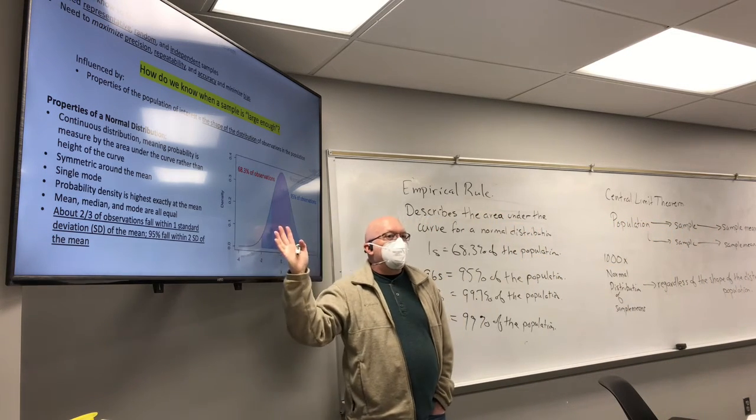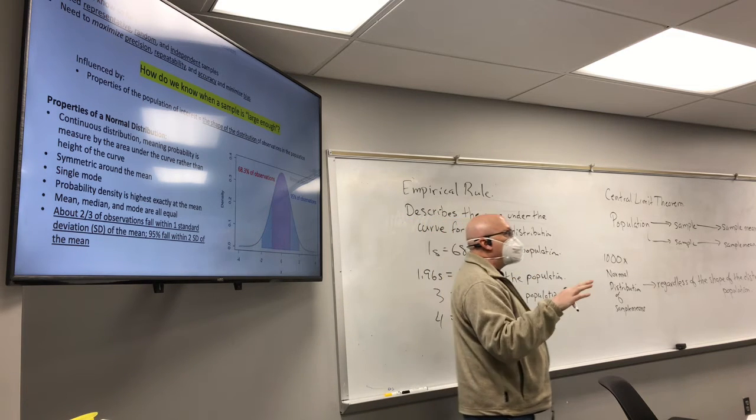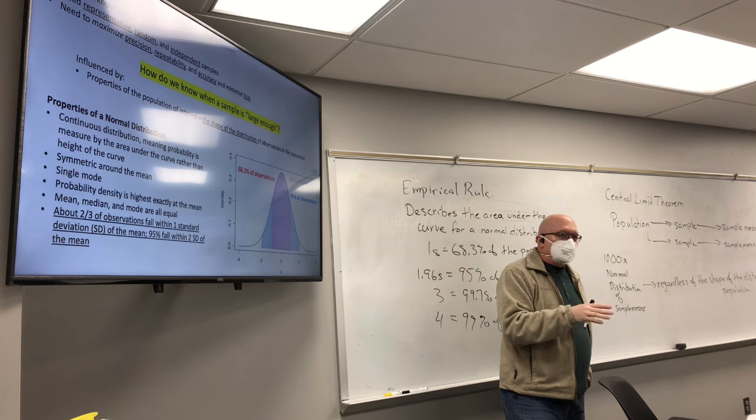If you take samples from a normal population, it's really easy to see why the distribution of sample means from a normal population would be normally distributed.